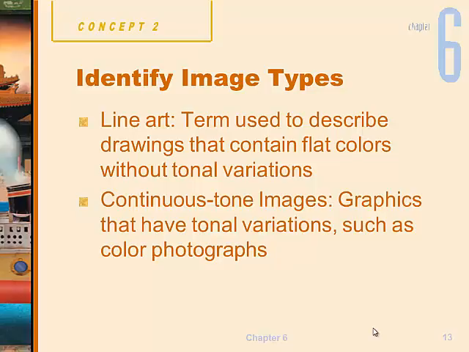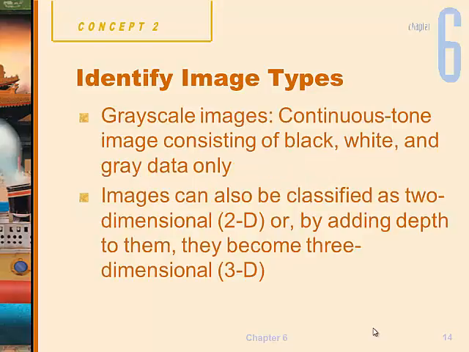Continuous tone images are graphics that have tonal variations such as color photographs. A grayscale image is a continuous tone image consisting of black, white, and gray data only. This is an image comprised of a range of grays, typically up to 256 levels of gray.